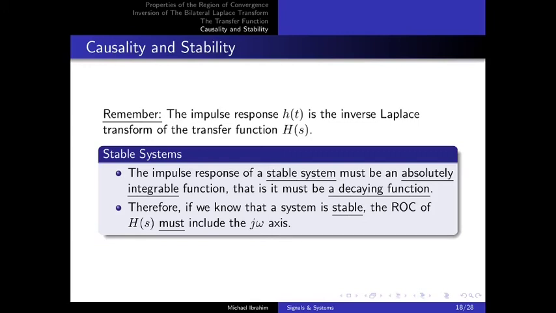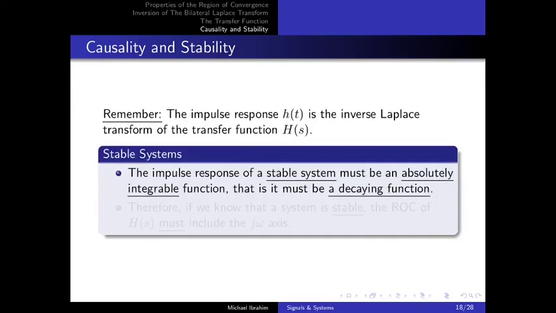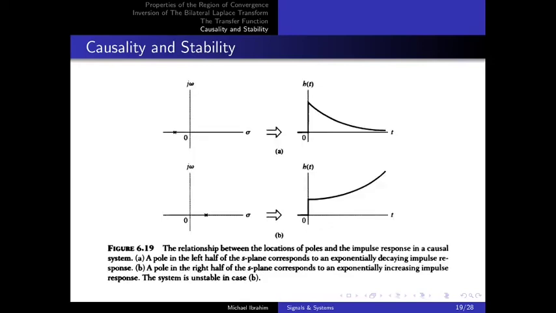If the ROC contains the jω axis, the system is stable. If it does not include the jω axis, the system is not stable. There is a mathematical proof for this property, but it's out of scope, so we'll skip it. I need you to know that if you want a causal system, the ROC must be right-sided, and if you have a stable system, the ROC must include the jω axis.